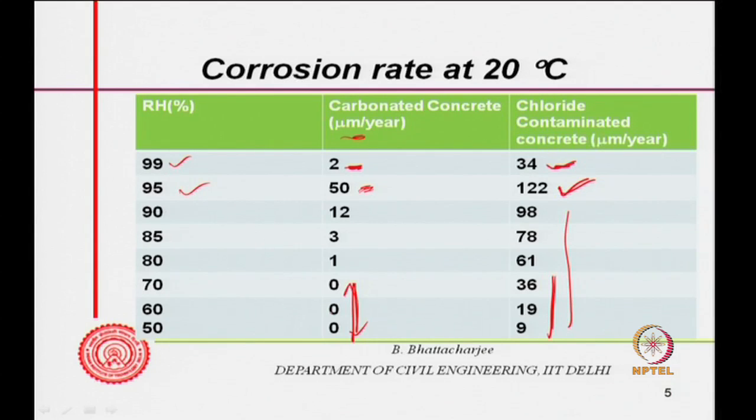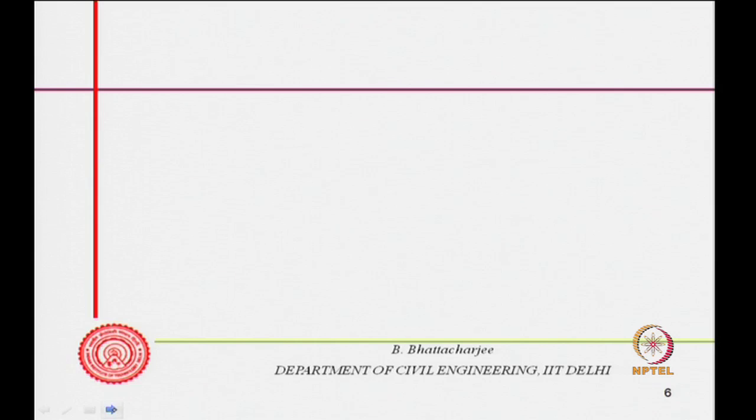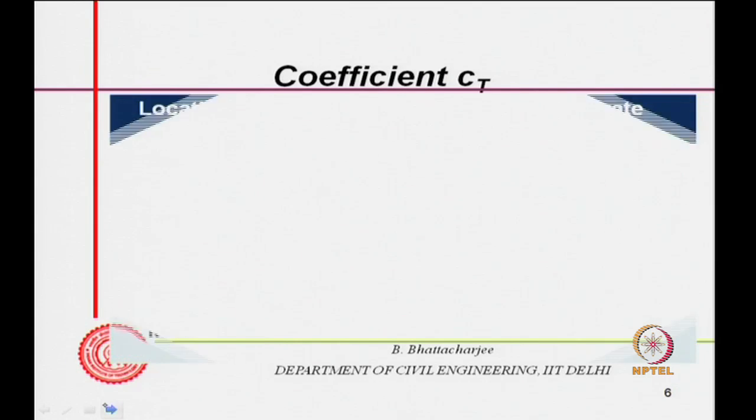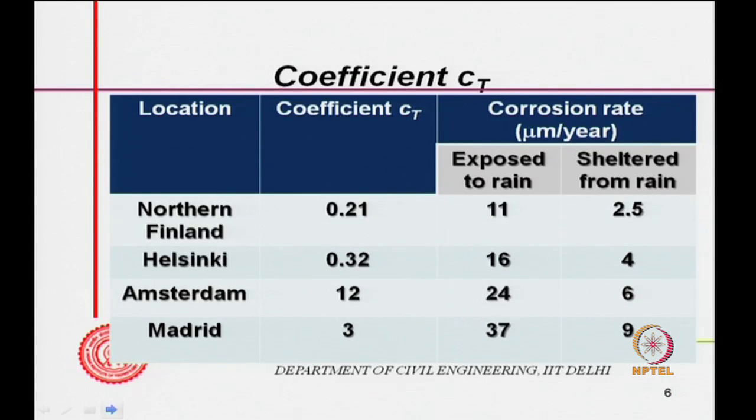So, with the relative humidity, R 0 values can be obtained at 20 degree centigrade, and C T values one can obtain for different locations they have given. For example, northern Finland is very cold, so they have given a C T coefficient of 0.21, because it will be less than 20 degree centigrade, and Madrid is close to 20 degrees.